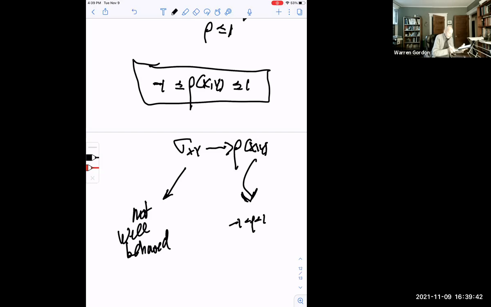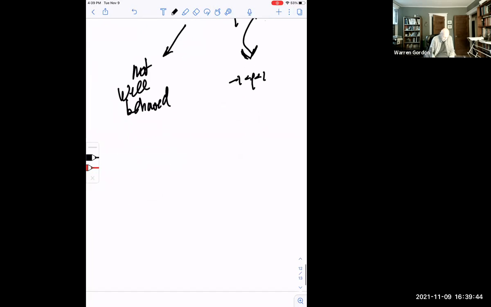And the converse is also true. And the converse says the following. Suppose rho of XY is plus or minus 1.